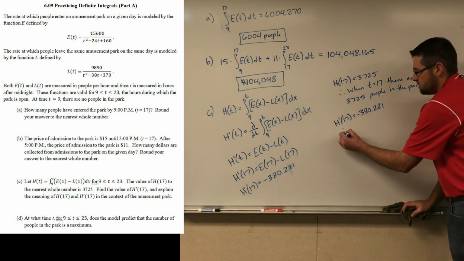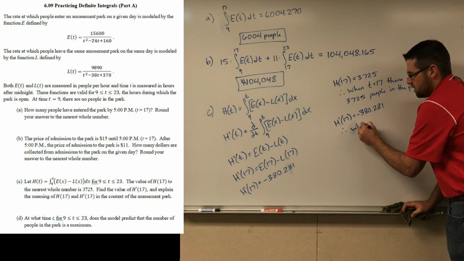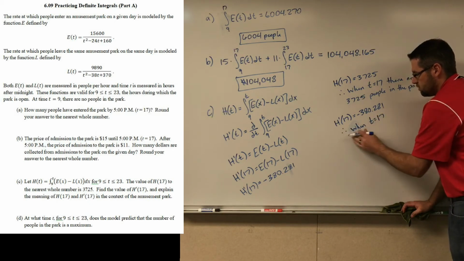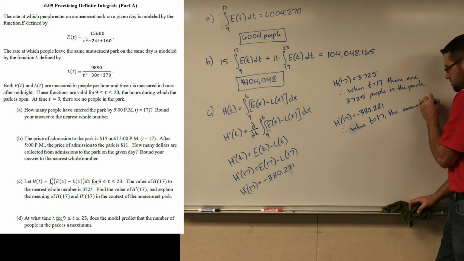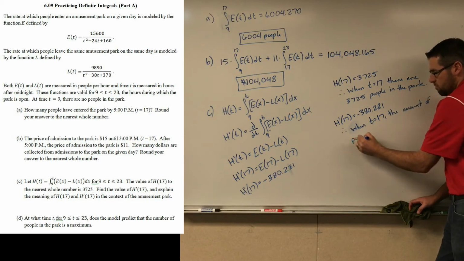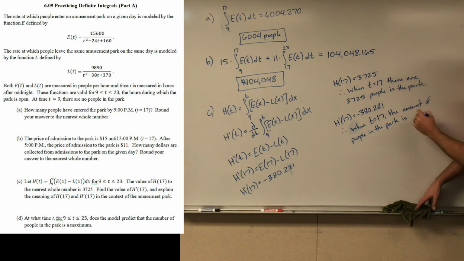So this implies when t equals 17, the amount of people in the park is what? Decreasing.